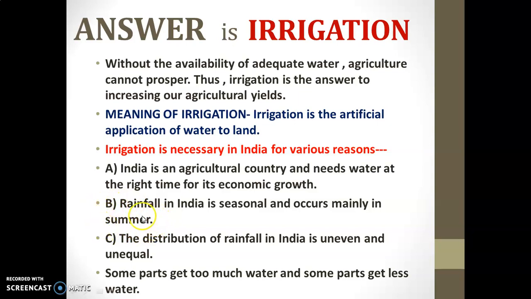During summer, rainfall will be heavy, and the duration of summer is only 4 months. So good rainfall occurs only in 4 months.